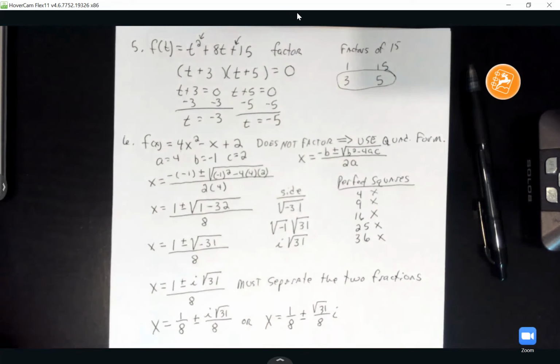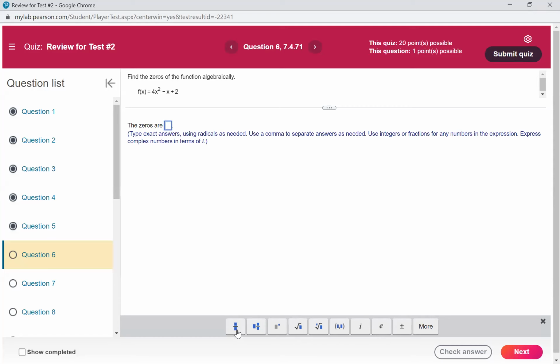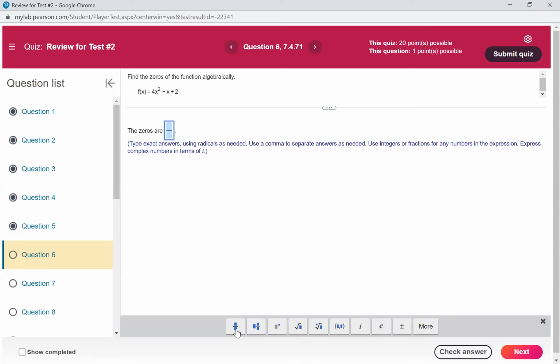So y'all, the trick is on putting that thing in MathLab. So what I do is I'm going to hit the fraction bar for the first one and put my 1/8. Then I'm going to arrow out of that, use the plus or minus. Get my fraction again.